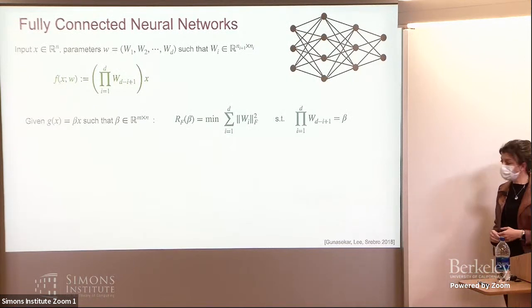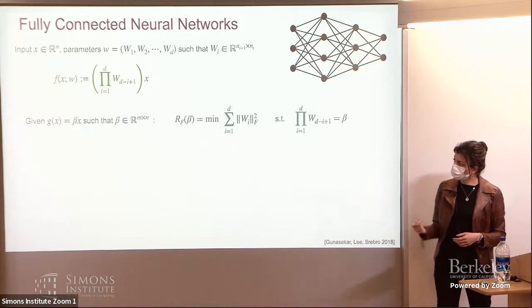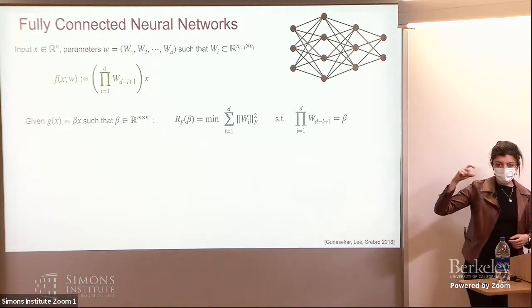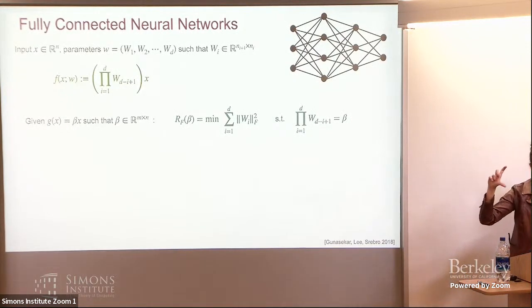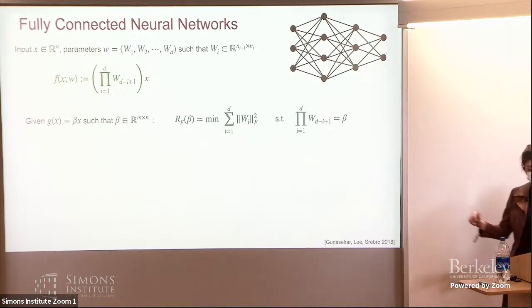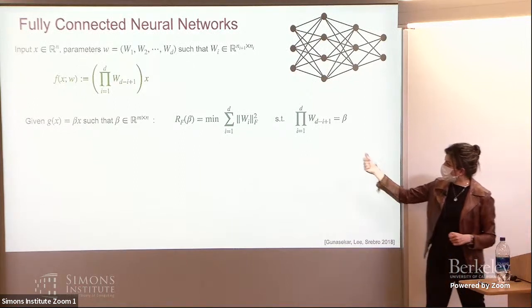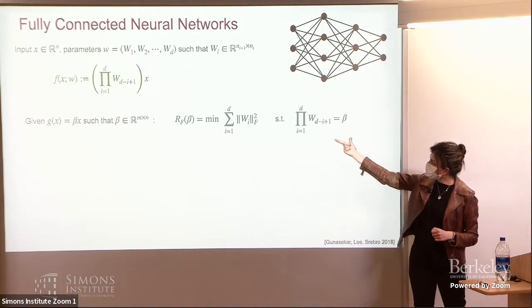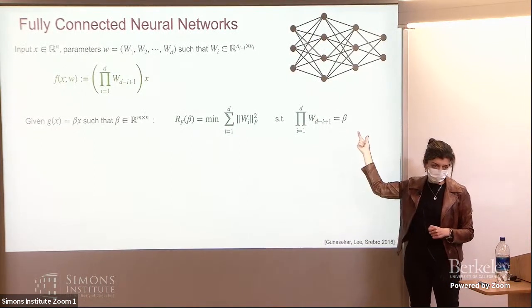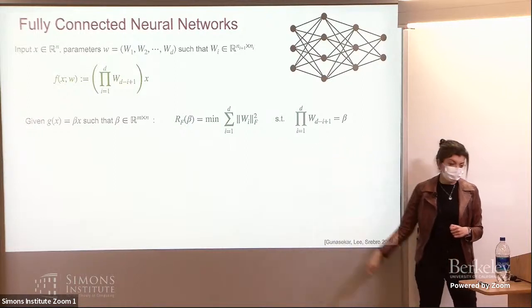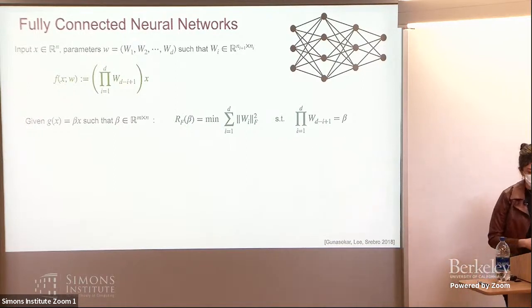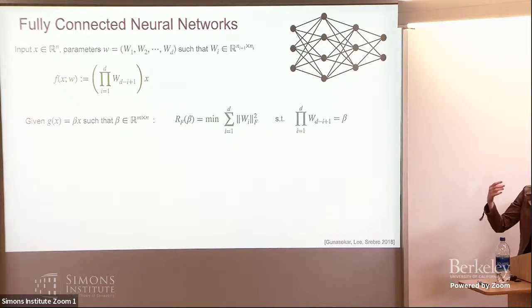And given a specific linear function G equal to beta x, where M is the dimensionality of the output and N is the dimensionality of the input, the minimum cost representation of this beta is going to be this formulation: I look at all W's such that the product of W's is equal to beta, and the cost is the summation of the Frobenius norms of the W's. That's the L2 norm of the parameter vector W if you just stack them on top of each other.